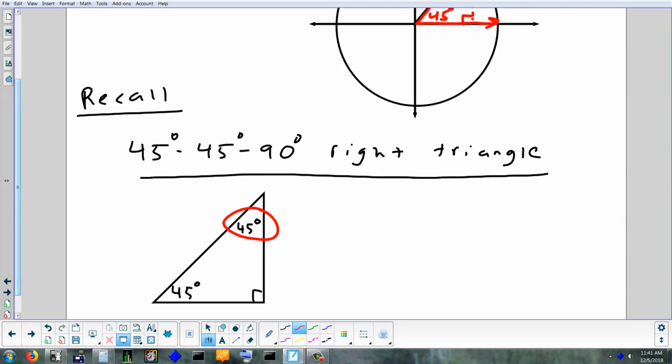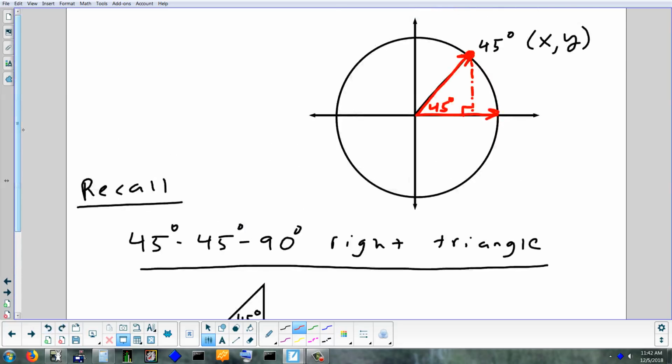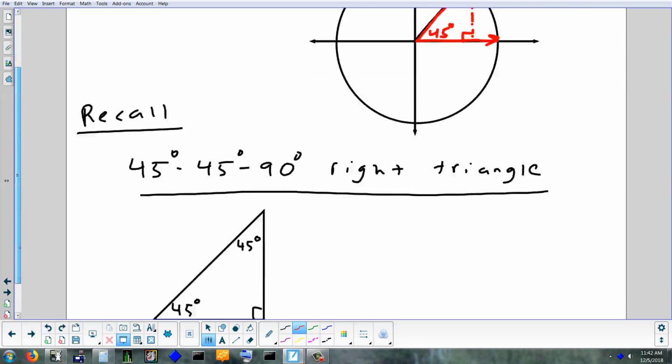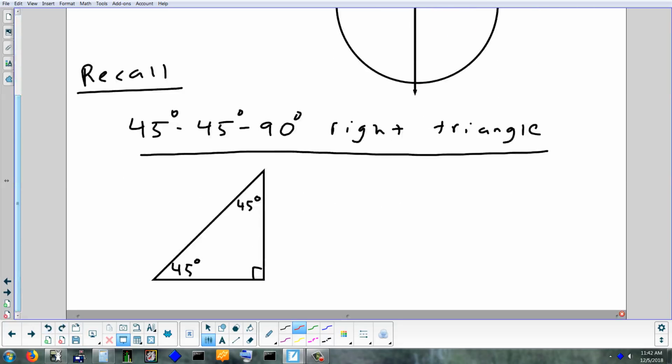Because all the angles total 180, and you can subtract 90 and 45. So if we know that that one's 90, because that's the way I drew it, and that's 45 because we said we had a 45-degree angle, then the one at the top has to also be 45. So 2 angles that are the same, that makes it isosceles.